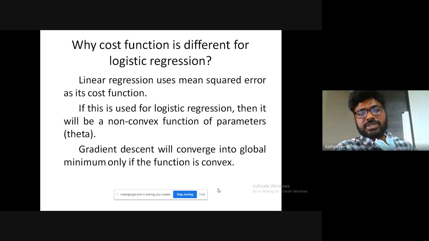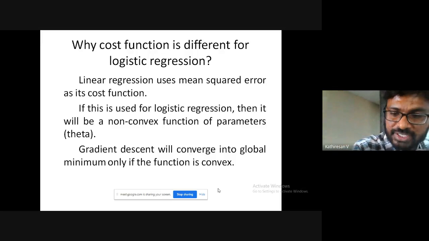Linear regression uses mean square error as its cost function. In this, we are using a different cost function. The reason is it will be a non-convex function of the parameters. Gradient descent will converge to the global minimum only if the function is convex.